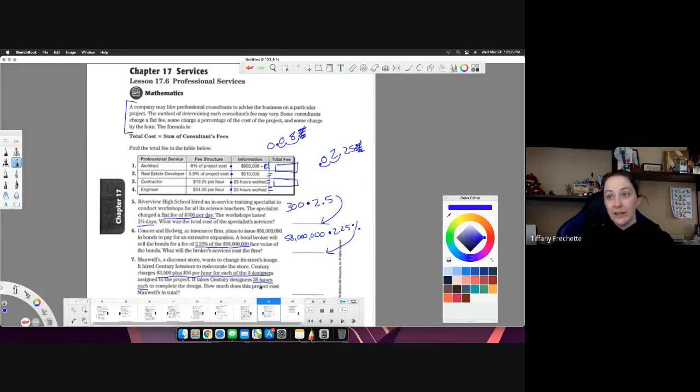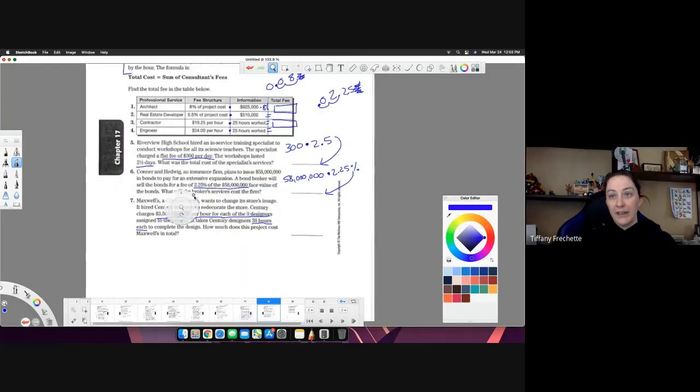So this one's a little different because now we have to take into account a flat fee of $3,500. So no matter what, they're going to charge $3,500 plus $56 per hour for each of the 3 designers. And it took them 38 hours each. So $56 per designer per hour. So per means, depending on how it's being used, it can be multiplication or division.